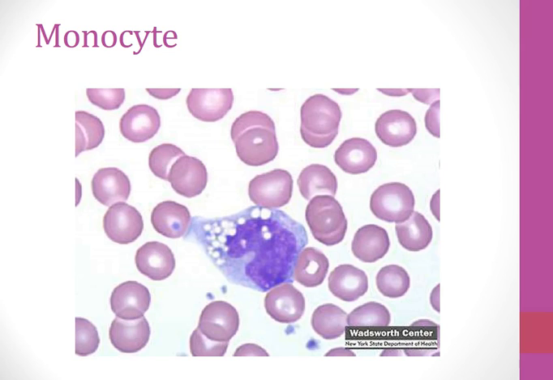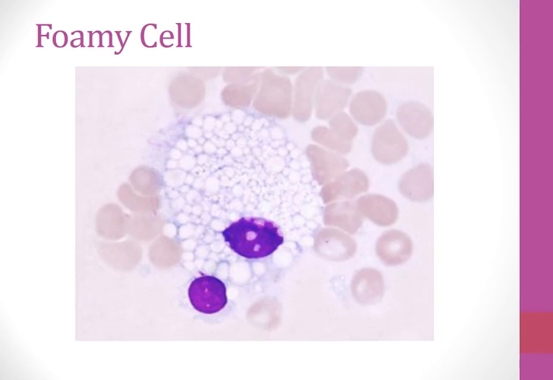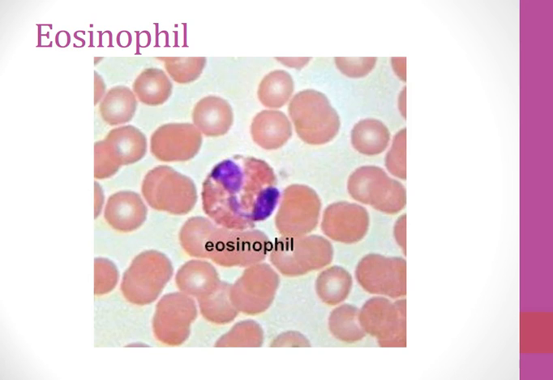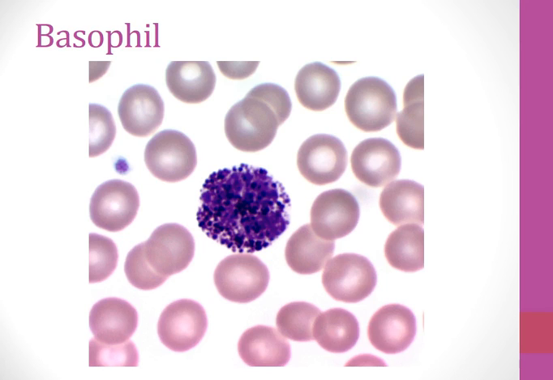Okay, these are the cells that are involved in natural immunity, and these are all types of phagocytes, and all types of white cells. The monos, this is a monocyte, this is a neutrophil, this is an eosinophil, and this is a basophil.